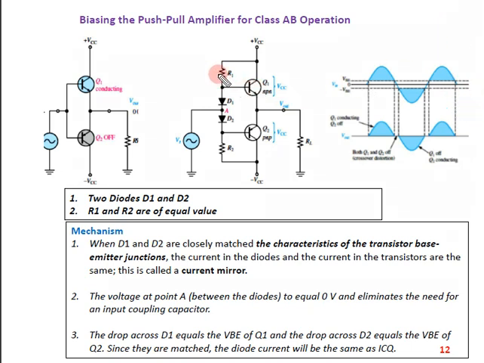If I introduce this biasing, both D1 and D2 are closely matched to the characteristics of the transistor base-emitter junctions. So it would provide conduction or biasing of exactly 0.7, because what is the barrier voltage of D1? Remember, it was 0.7.